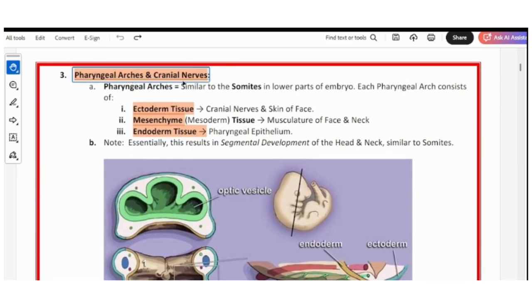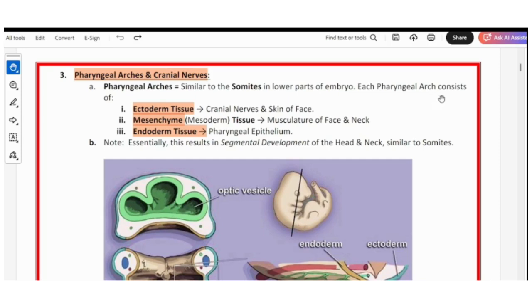Pharyngeal arches and cranial nerves. Pharyngeal arches are similar to somites in the lower part of the embryo.